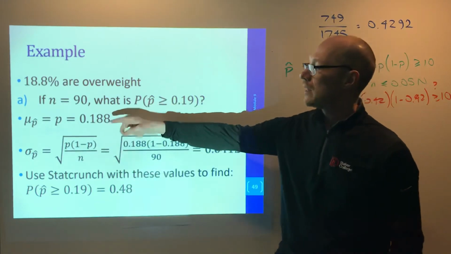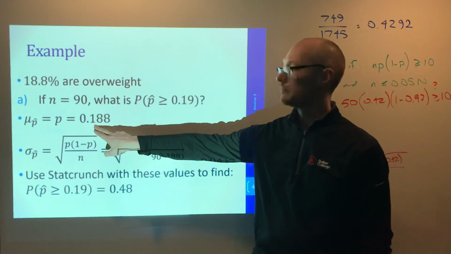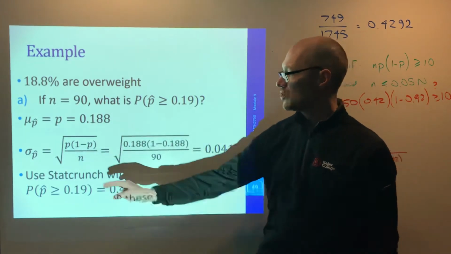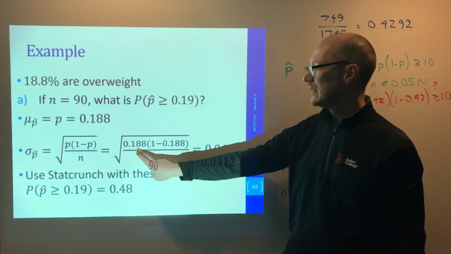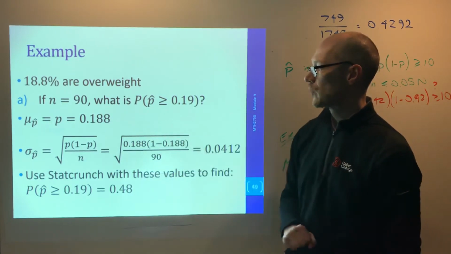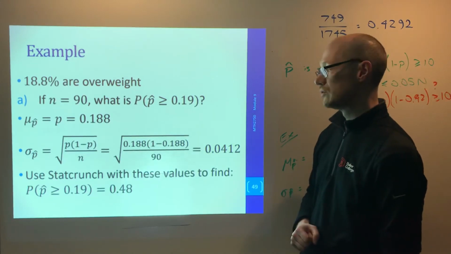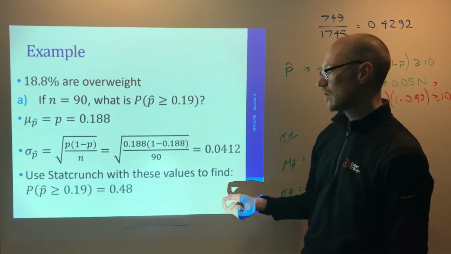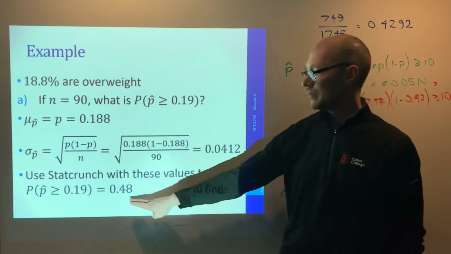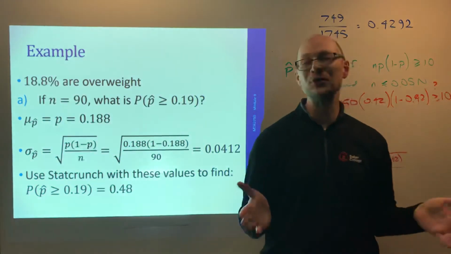The mean of our p-hat is going to be assumed to be the population proportion of 0.188. The standard deviation is the square root of 0.188 times 1 minus 0.188, divided by 90. We find out that it's 0.0412. You can use StatCrunch with these values to find out that it's a 0.48. That makes almost perfect sense.